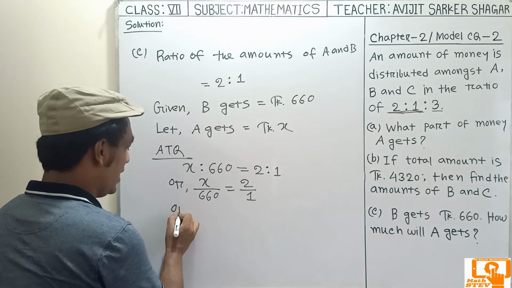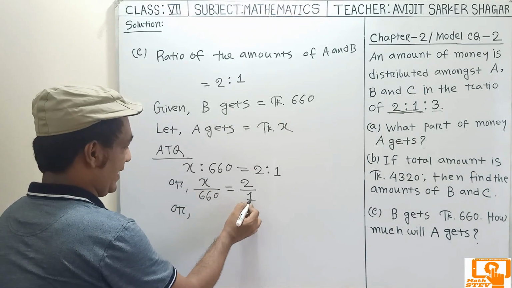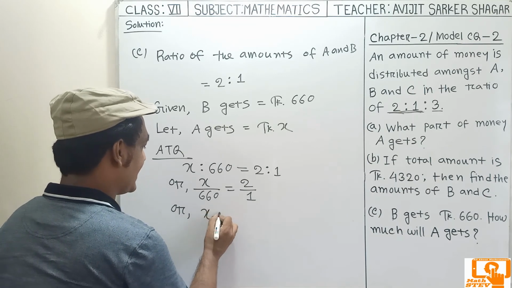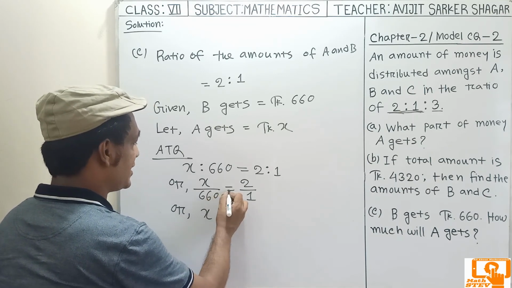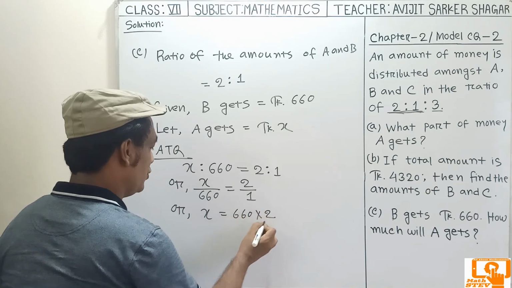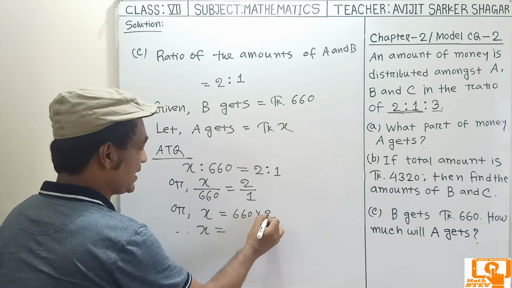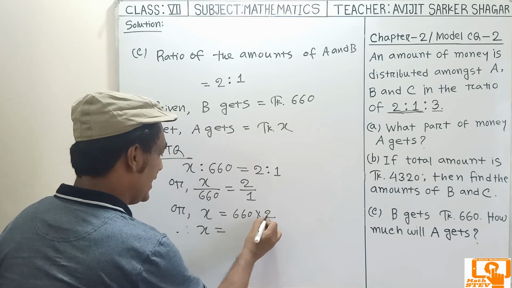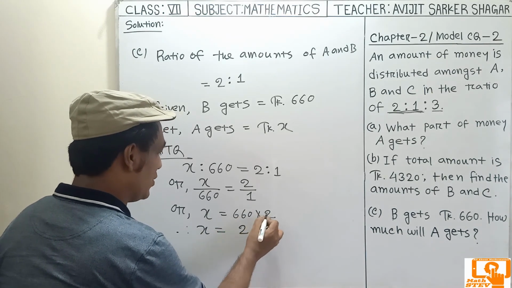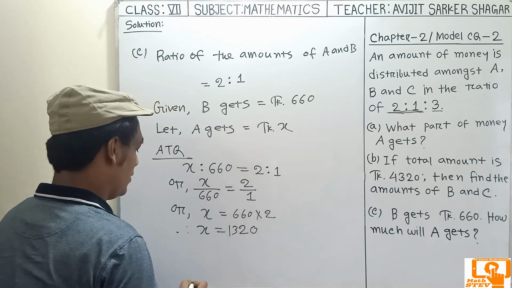Now cross multiplication: x multiplied by 1, and we get x equals 660 multiplied by 2. Therefore, what is the value of x? 660 multiplied by 2 equals 1320.